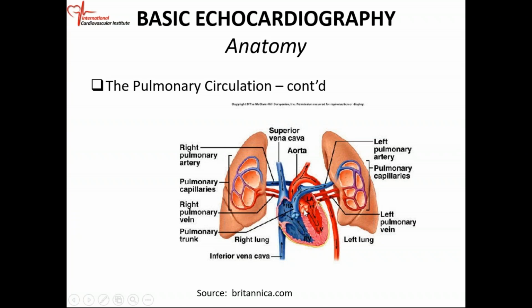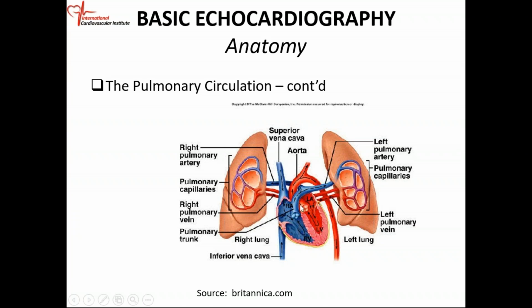When it leaves the left ventricular outflow tract, it has to cross the aortic valve. There are three leaflets. The aortic valve is located right here. Three leaflets. Then when the blood flows across the aortic valves, it enters the ascending aorta.